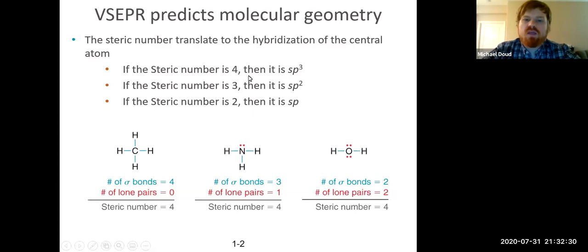The reason that we can know that is because this is going to tell us the number of hybridized orbitals you need to accommodate the electrons in that central atom. So each of these ones that we saw had a steric number of 4, so methane, ammonia, and water. And sure enough, they are all sp3 hybridized.